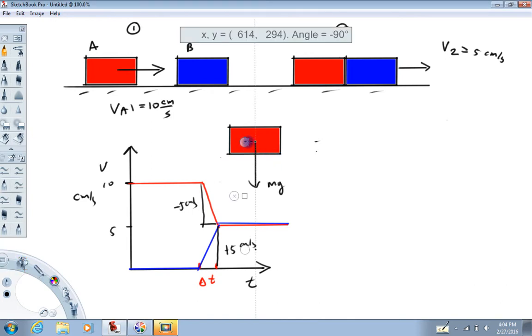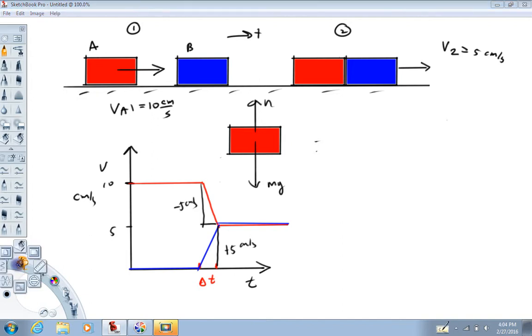Surface and contact, we have a normal, that would be up. And it's very important to realize that when these two are interacting, right in this time frame, you'll notice that the red mass has a negative acceleration. If we're doing right positive, the acceleration is to the left, indicating the net force is to the left.